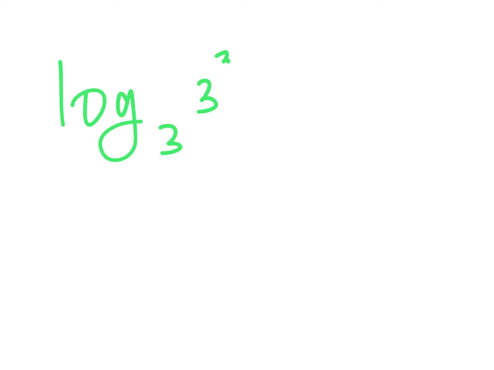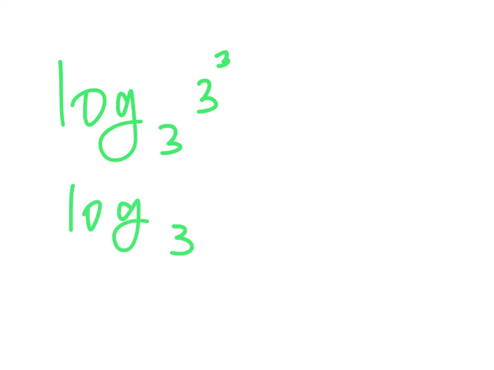So here are 4 of them that I'd want you to be able to do on a regular basis. If I said log base 3 of 3, that should be super easy. I'm not even going to do that one. I'm going to say log base 3 of 3 to the third, just to make your life confusing.